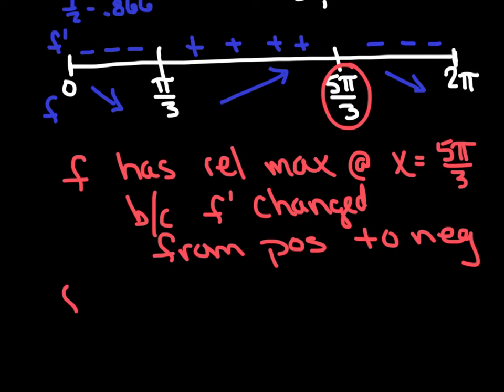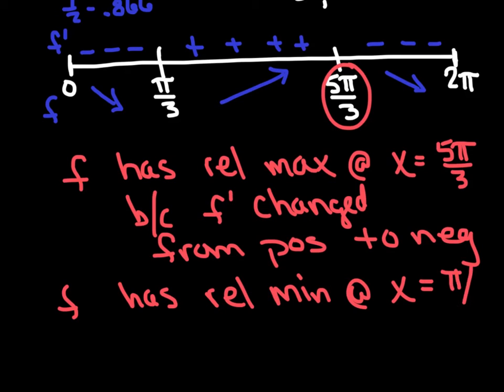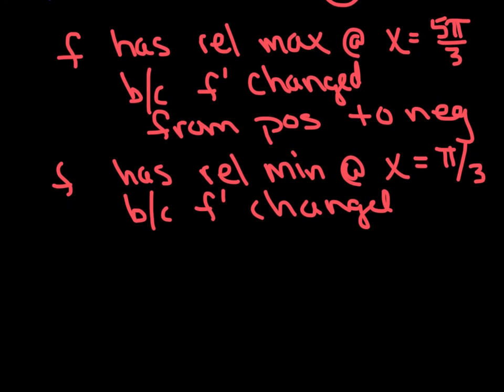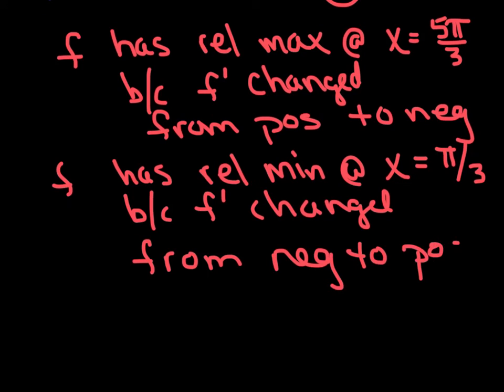Alright. And then we could say, well, by golly, f has a relative min at x equals pi over 3, because f prime changed from negative to positive. Alright, cool beans.